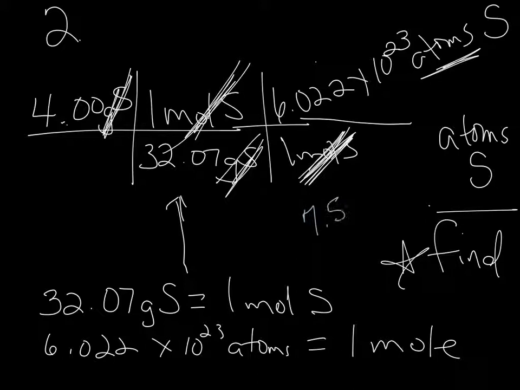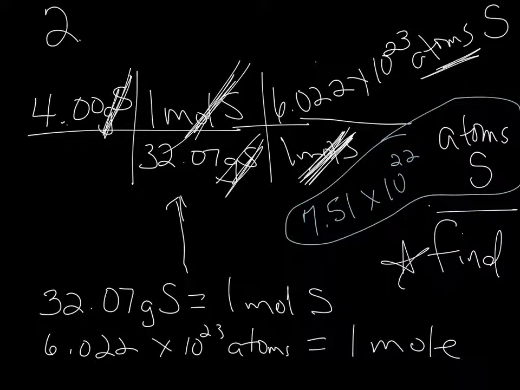The answer comes out to be 7.51 times 10 to the 22nd, and I'm not going to rewrite atoms of sulfur, but right there, atoms of sulfur. So if you don't get this 10 to the 22nd, it's probably, re-multiply and divide it and then see if you get that. If not, we'll need to look. I keep saying that, but I know it's an issue that happens every year.